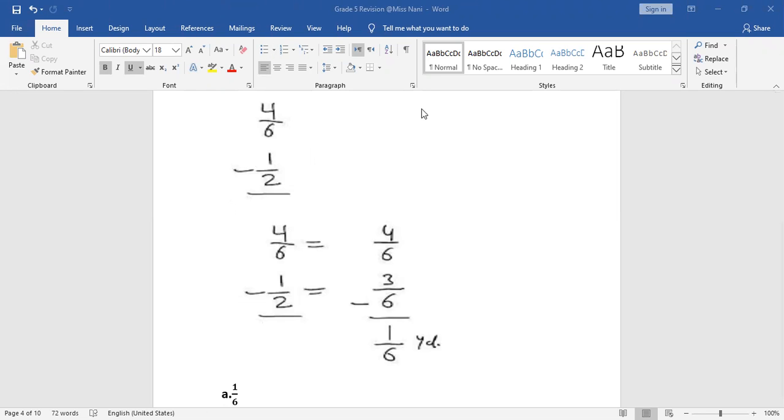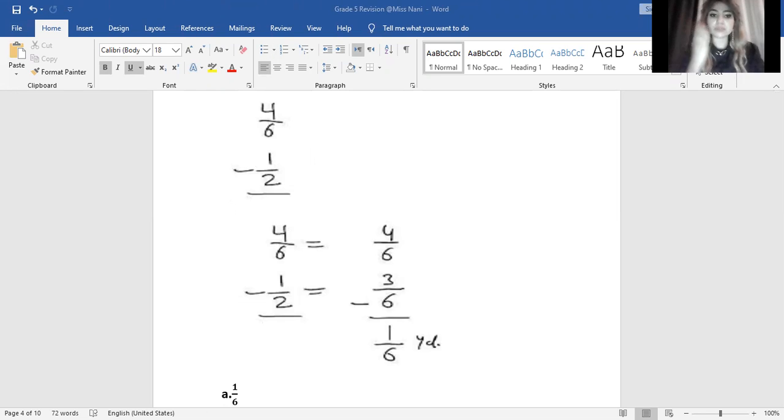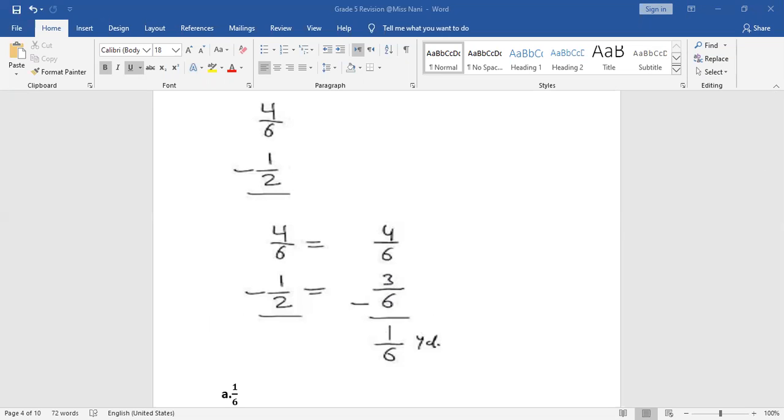It is 3. 2 multiplied by 3 equals 6. So if I multiply in the denominator, I have to multiply also in the numerator. So 2 multiplied by 3 is 6. 1 multiplied by 3 is 3. So it will be 4 over 6 minus 3 over 6, which is 1 over 6. Okay.